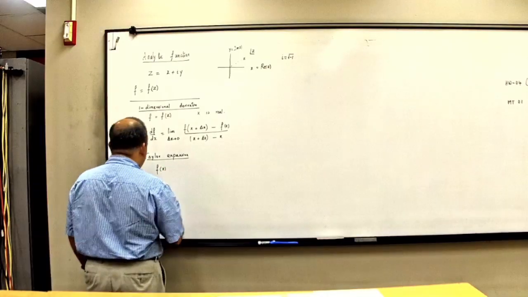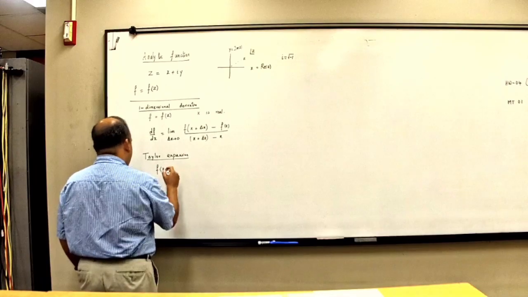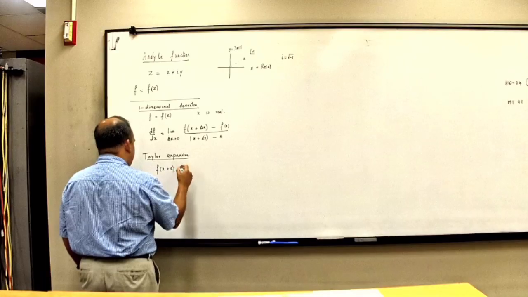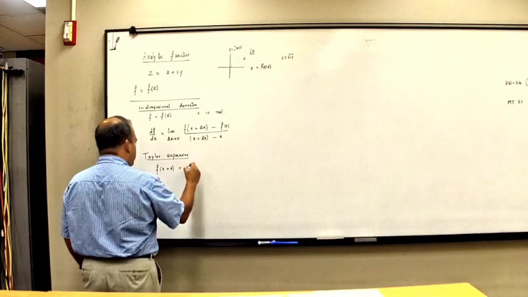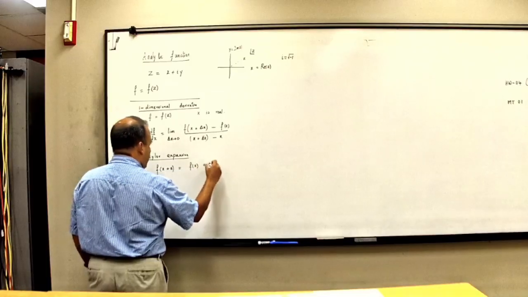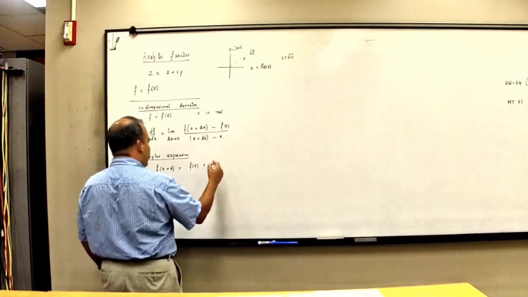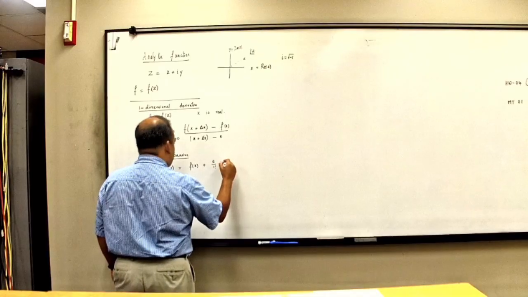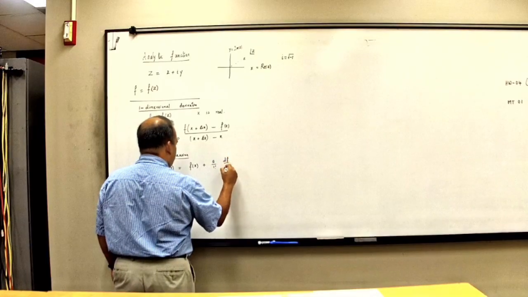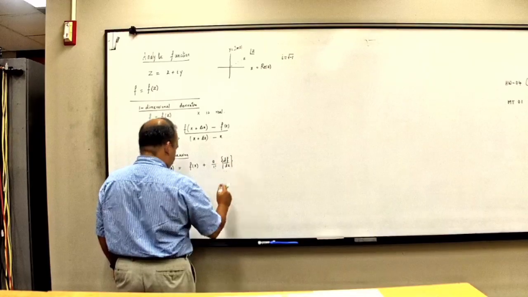Let's write it as f of x plus a, right? Is equal to f of x itself plus a over 1 factorial times the derivative of the function at x, oh, this is just x, right?